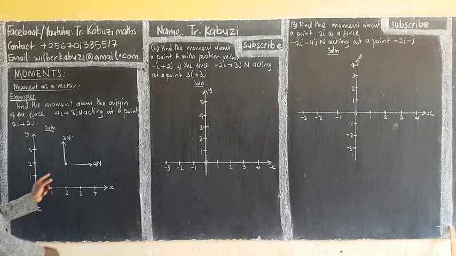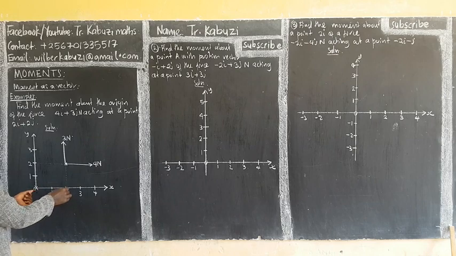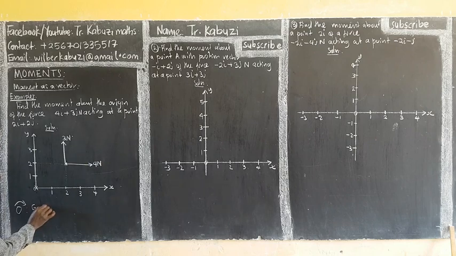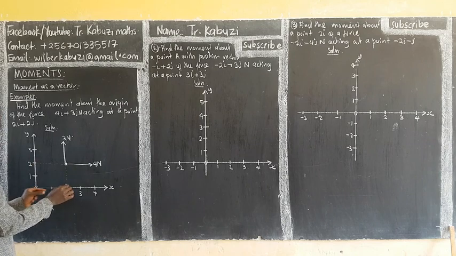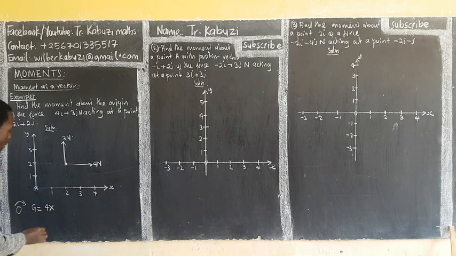So when I'm here, you look at that force, you see its perpendicular distance is going to be this. So when it's here, it's going to be acting clockwise. So I'm going to say 4. Now the perpendicular distance from here up to here is the same as the perpendicular distance from here up to here. That's why I'm going to take here to be 2 units. The perpendicular distance is 2 units.